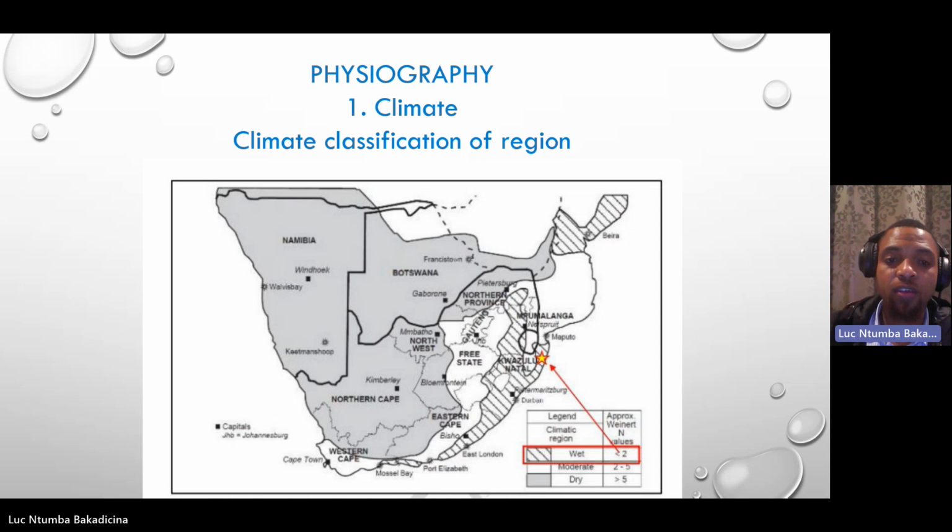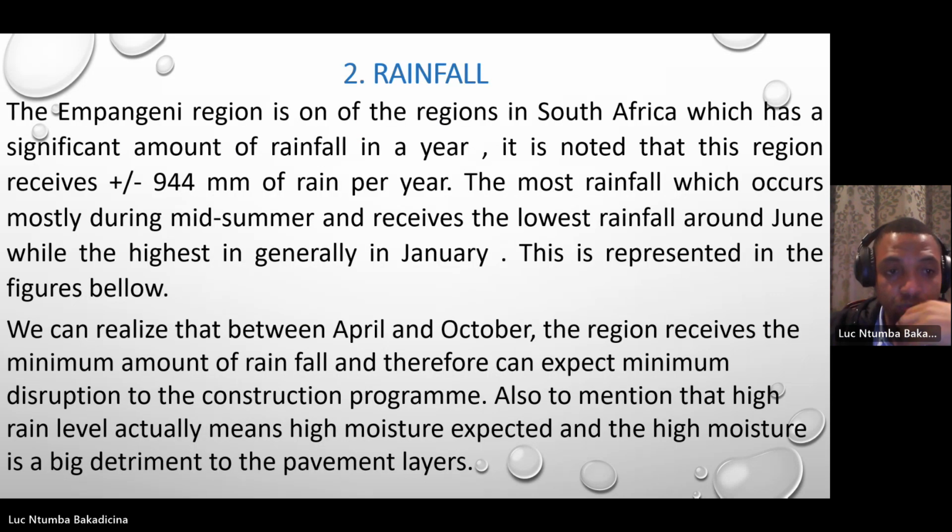In terms of climate classification, we may understand that this particular road is placed in a wet region. We need to understand that a wet region implies a lot of things when it comes to the design of a particular road.